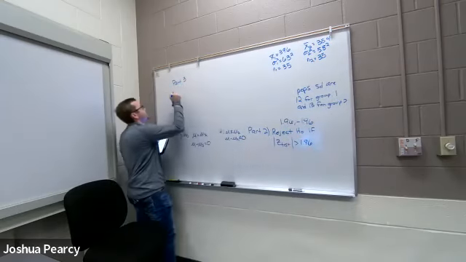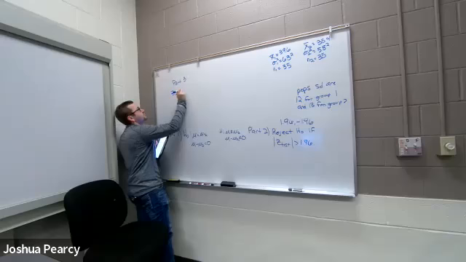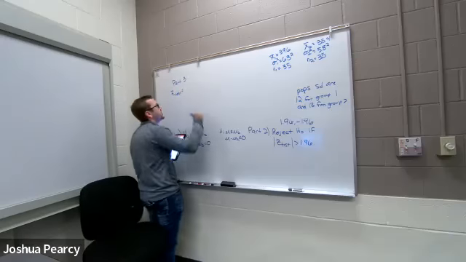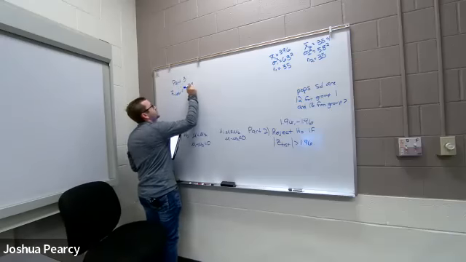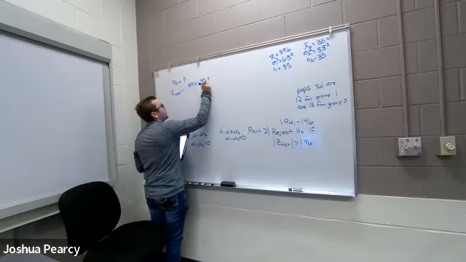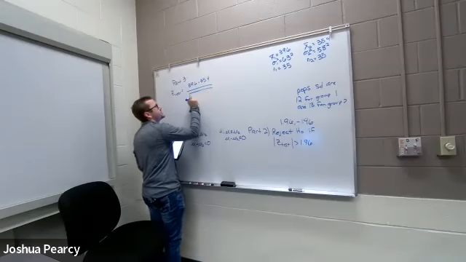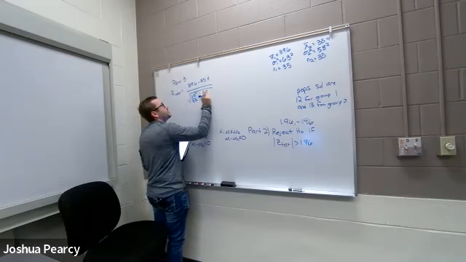Then computing the test statistic, Z test is equal to X1 bar 39.6 minus X2 bar 35.4, divided by the square root of 6.3 squared over 35 plus 5.8 squared over 35.